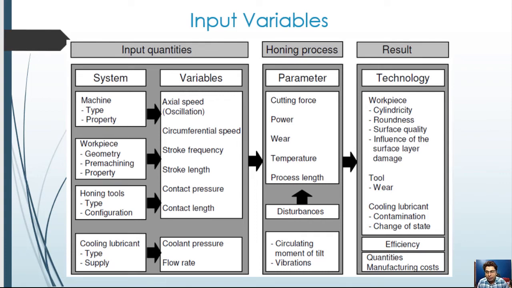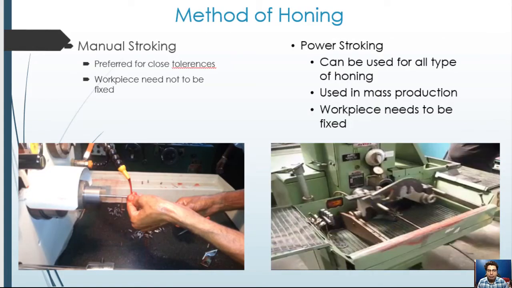Next, coming on to the method of honing. There are two broad categories of the honing process, based on the method of honing performed: manual stroking and power stroking. Normally, manual stroking methods are used when the tolerances required are very high, or you need precise tolerances.